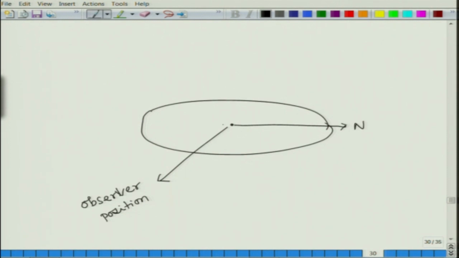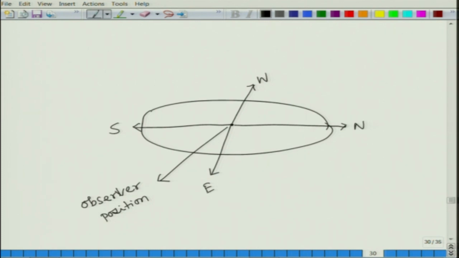Exactly opposite would be the south direction, and on the perpendicular line we will have east and the other direction will be west. So, this is on the plane of the ground.